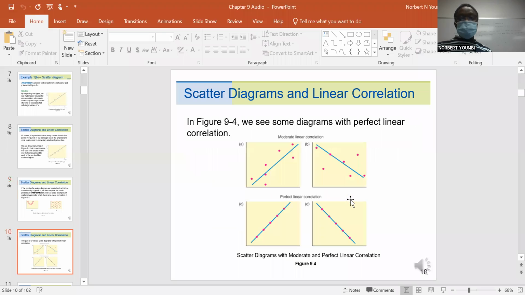So when there is a linear relation, we are interested in whether that relation is positive or negative. Positive means as you increase x, y will also increase. As you decrease x, y will also decrease. That is a positive relation, and it is described by this diagram. The first one is a positive relation. The next one, diagram B, is for a negative correlation.